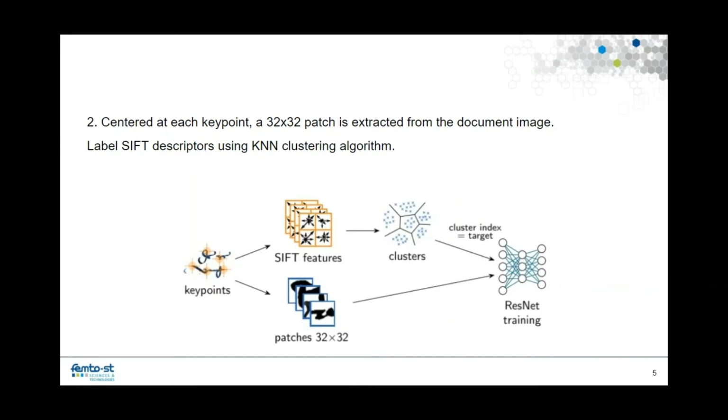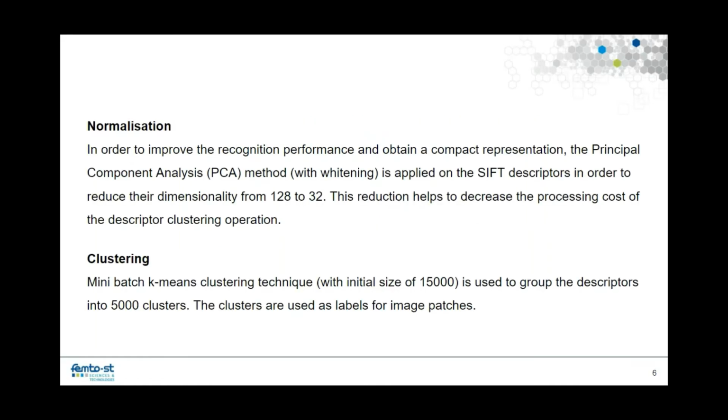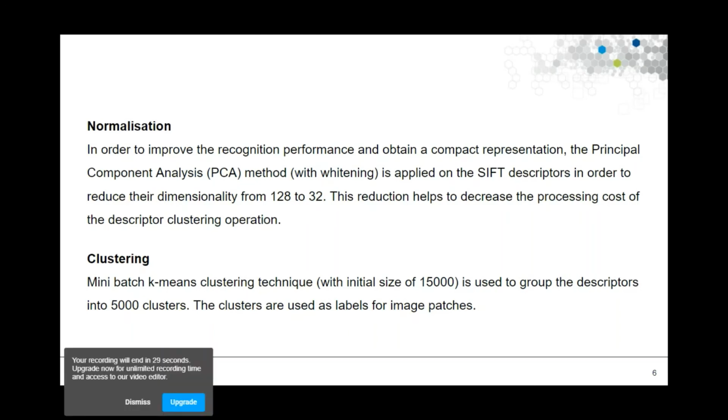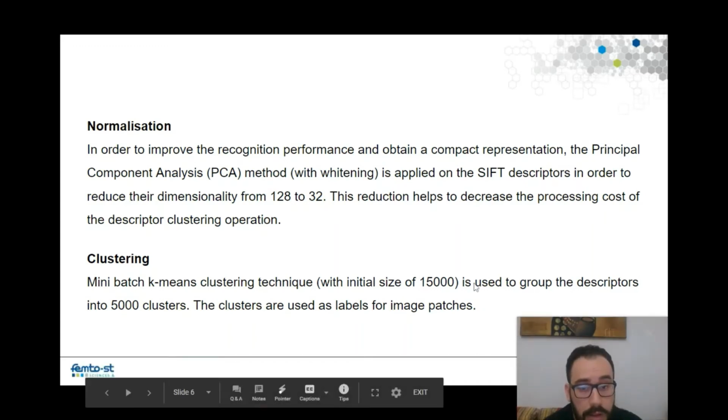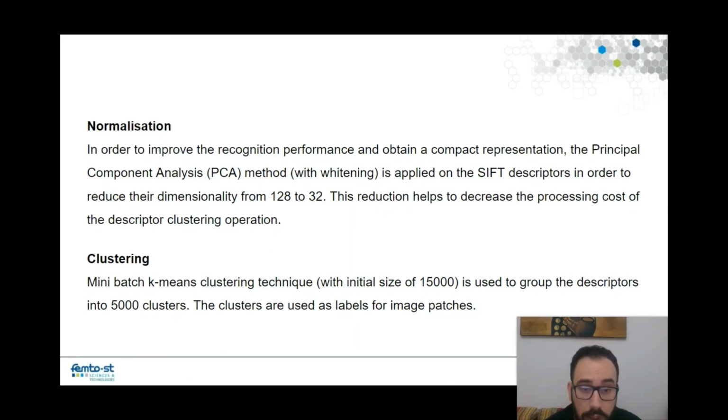Then we label the SIFT descriptor using the KNN algorithm, and we applied normalization in order to obtain a compact representation of the data using PCA with whitening in order to reduce the dimensionality from 128 to 32.